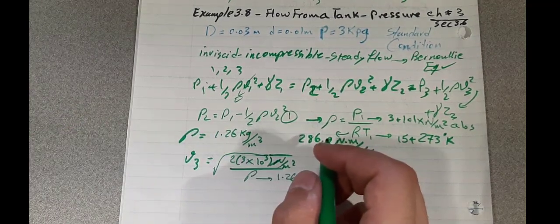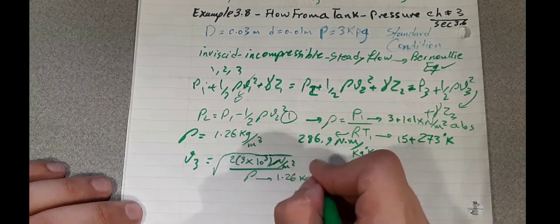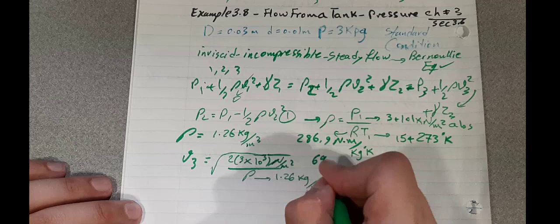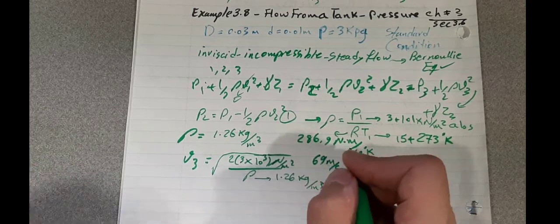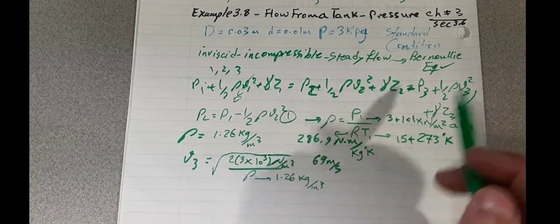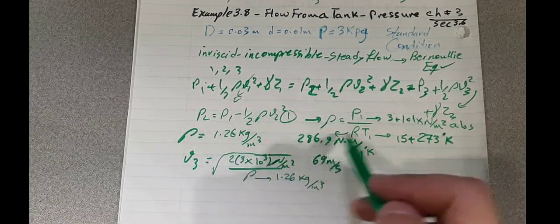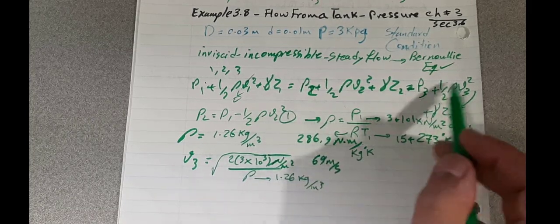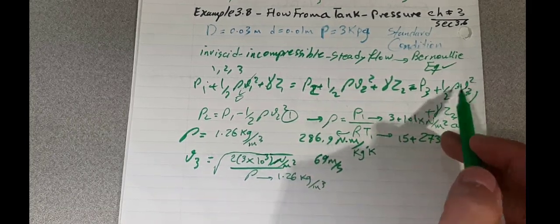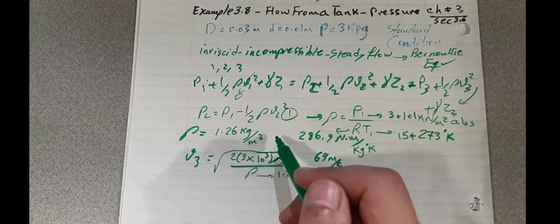We have V3 as 69 meters per second. This is the same equation that we have applied here. From this section, we can figure out V3 as well. This is the main reason why we have V3 here.